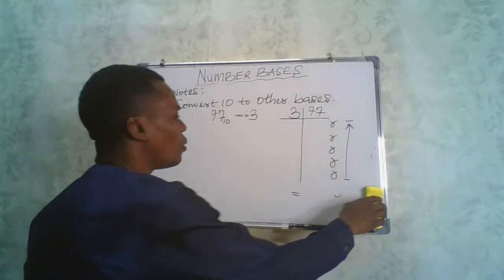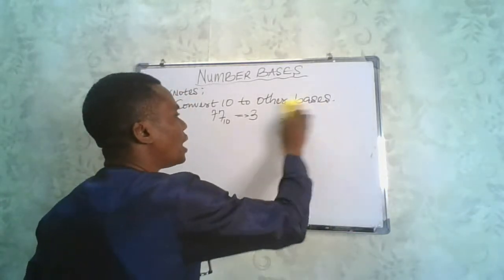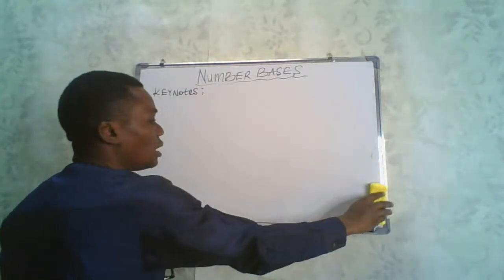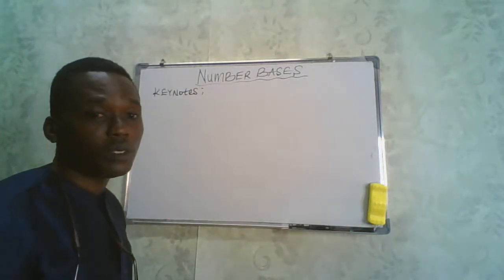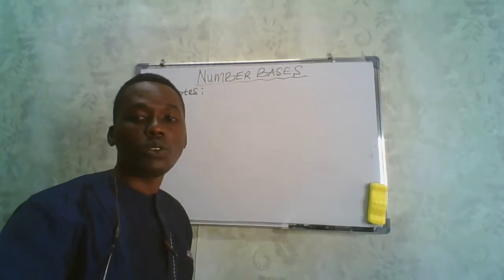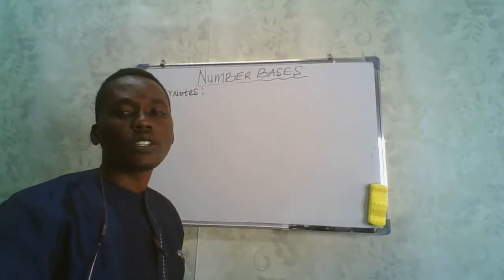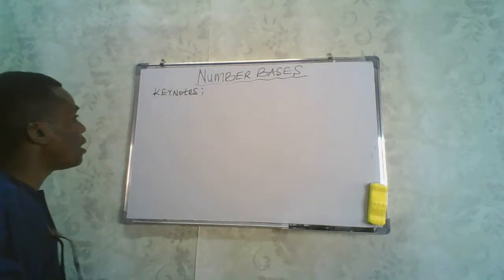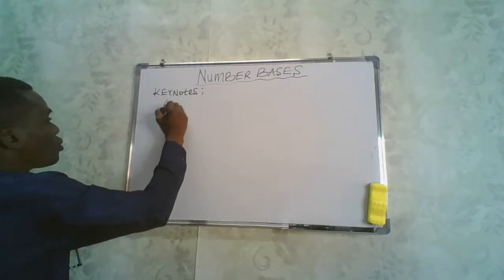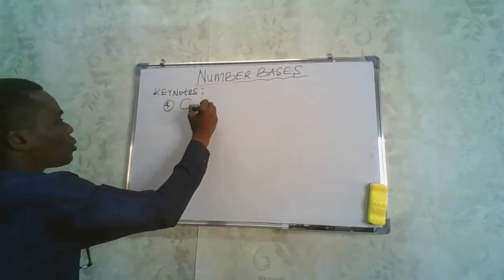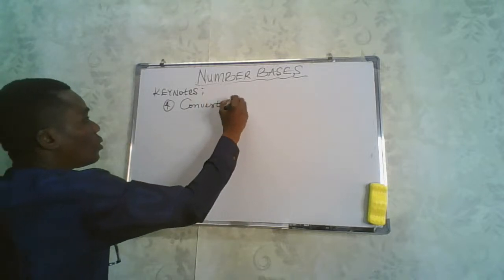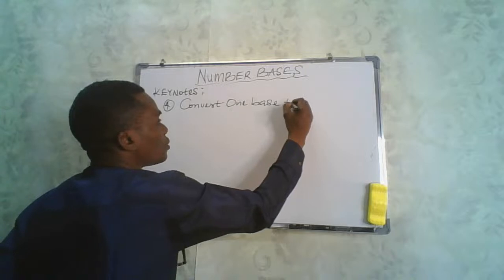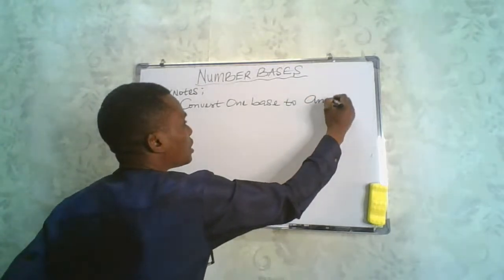Now, in keynote 4, you will also be required to do some certain operations. And these operations are all found in your syllabus. In keynote 4, you will be asked to convert from one base to another.